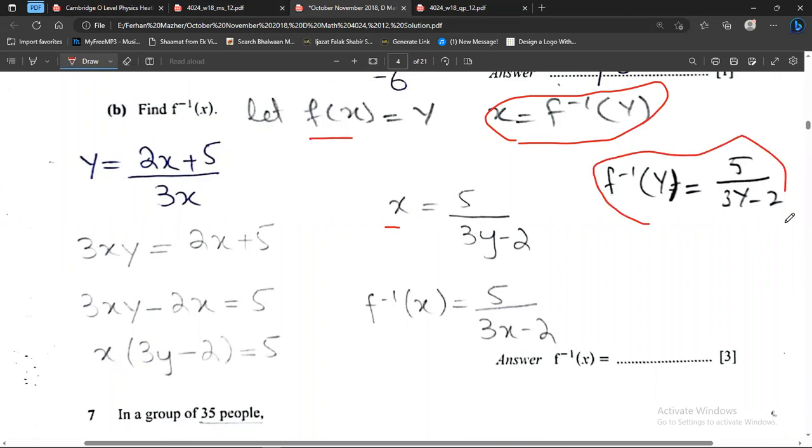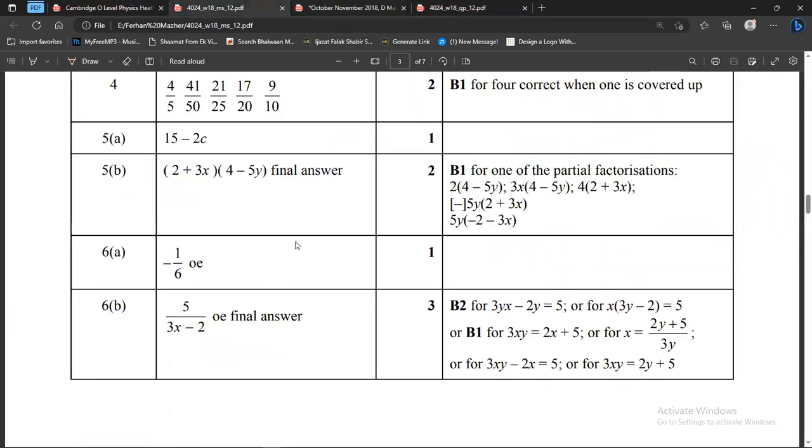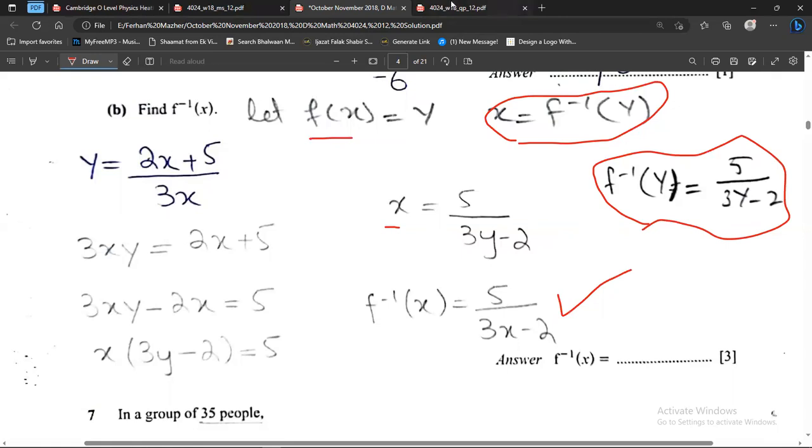Here you see I have put that value. Okay. So f inverse of y equals to 5 divided by 3y minus 2. Then I will change the variable. If y will be changed into x, so you will have f inverse of x is equals to 5 divided by 3x minus 2. So I hope you understand, 5 divided by 3x minus 2, and this is the solution. Our answer is right.